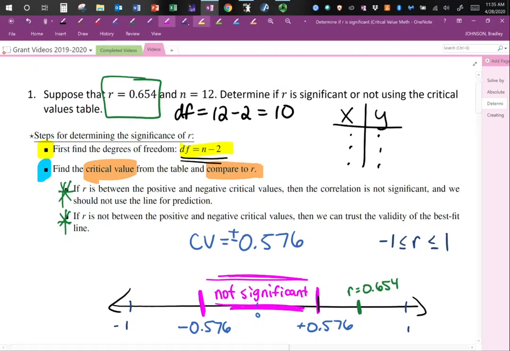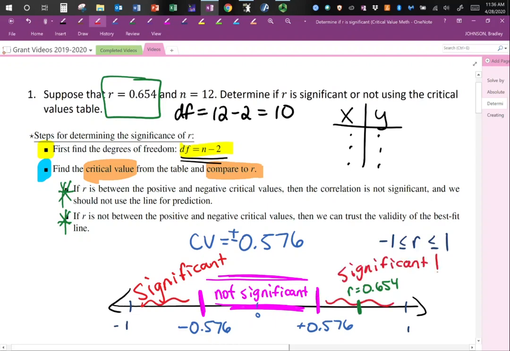But if it's on the outside, here, this is the significant region, right? It's significant here, and it's also significant here. So the decision we can make is that yes, it is significant because our R value is not between the positive and negative critical values. Now there is some theory behind this, but I am just demonstrating the method for us.